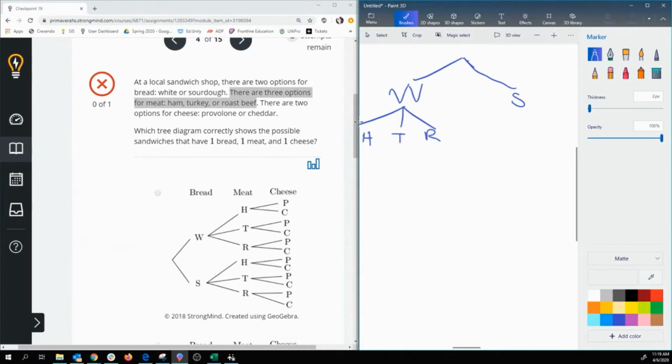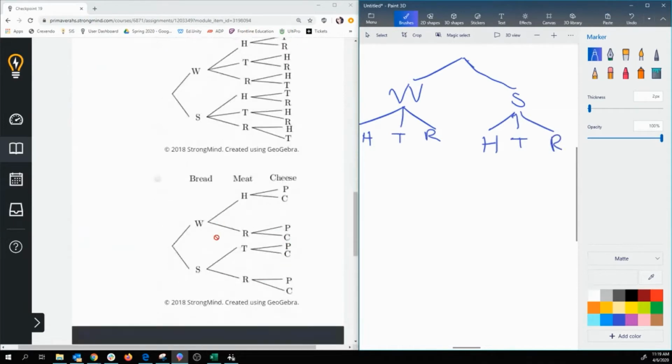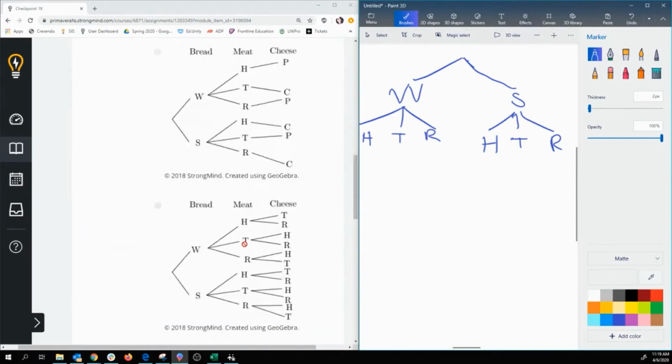I could have the same 3, right? I can still pick ham, turkey, or roast beef. Perfect. So now looking at this tree diagram, this one down here where I only have 2 options for meat based off of whatever bread I choose, this one is not correct because it's not listing all 3. So this bottom one is not one we want to pick.